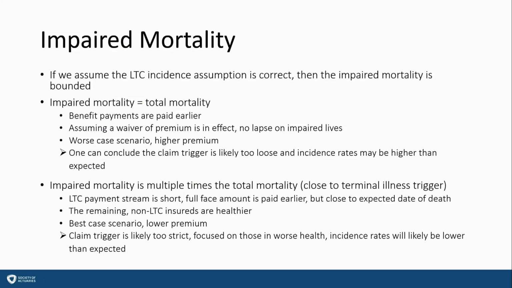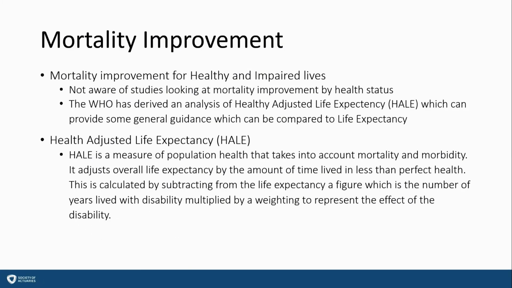At the opposite end, as you restrict the number of people who can qualify, then you're basically saying my definition is really, really strict, and as a result, only the very sick will qualify. So by using these two, you can get to an answer. But because of the lack of mortality research on impaired lives, you're left with trying to guesstimate where that lies.